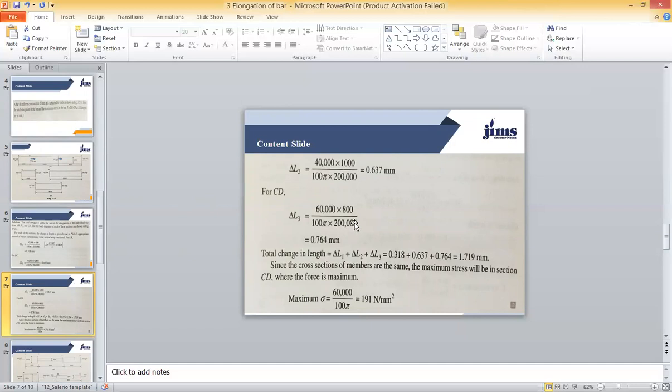So 200 gigapascal becomes 200,000 Newton per mm square. Then we calculate the total change, and the total change is the change in L1 plus change in L2 plus change in L3, and that becomes 1.719 mm. So total change is 1.719 millimeter.